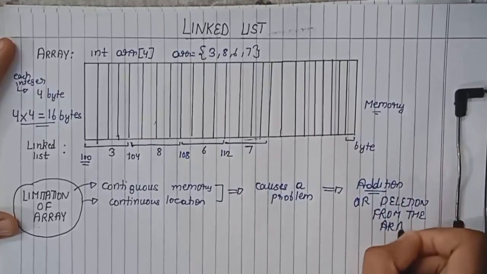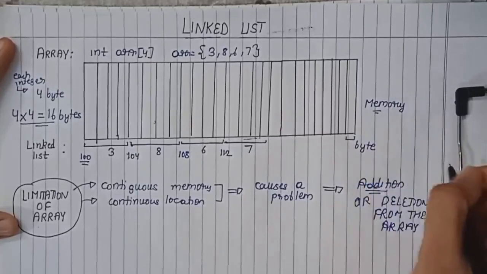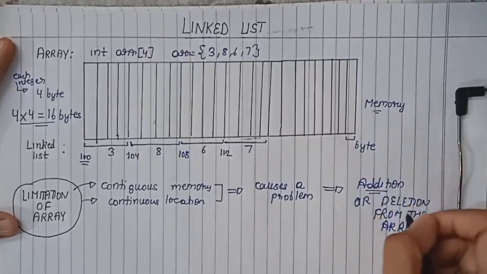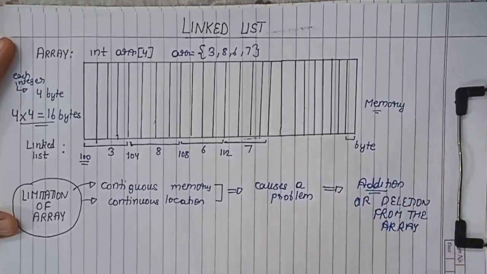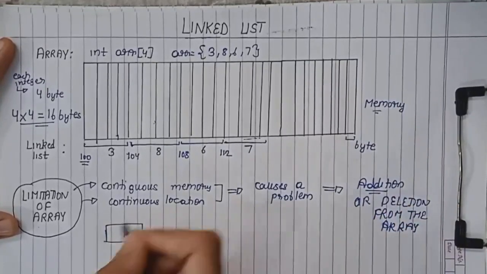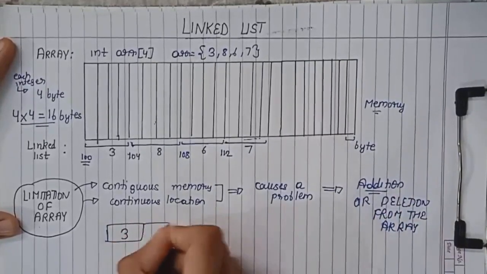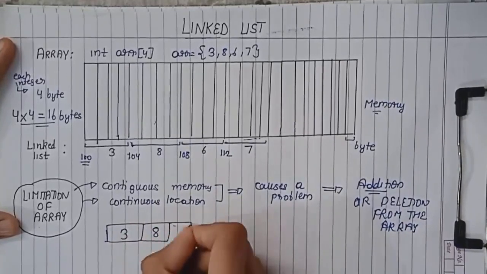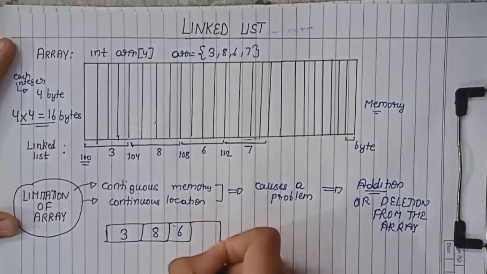Let me explain how this problem comes when we need to add or delete some element from the array. The array that I have taken above was 3, 8, 6, and 7.